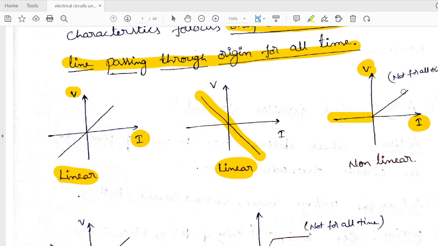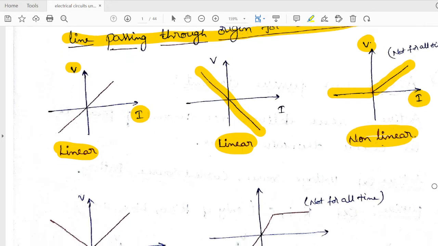So it is not a single straight line, the curve is following like this. Okay, so it is not a single straight line. That's why the element which is having this kind of VI characteristics is said to be non-linear. I hope up to here is clear.